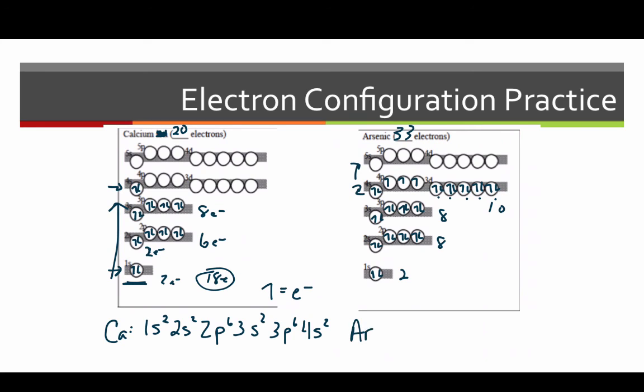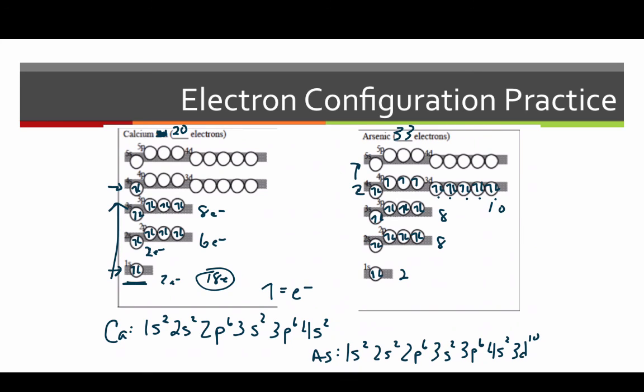If I want to get the configuration now for arsenic, I'm going to do the same thing we've done. I'm going to do 1s, and how many electrons? 2s. How many electrons? 2p, 3s, 3p, 4s, and now I filled up my 3d orbital first, so that's what's going to get drawn in next, and I put 10 in there.